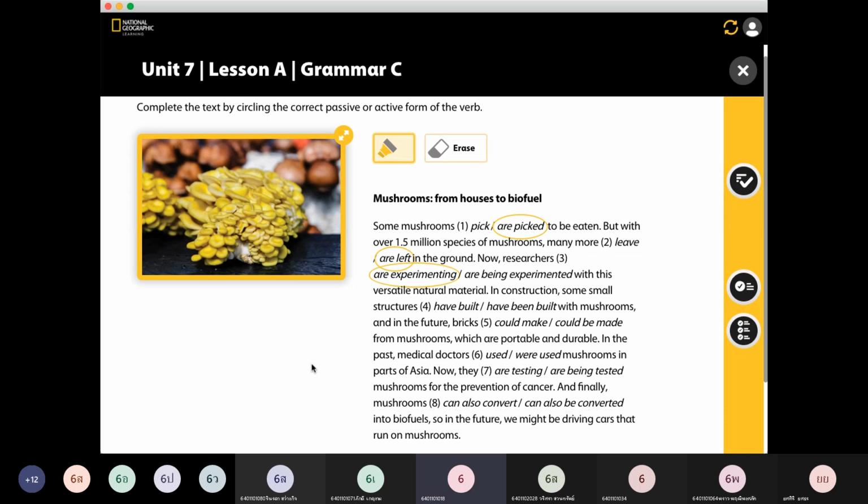Number 4: have been built. Number 5: could be made.